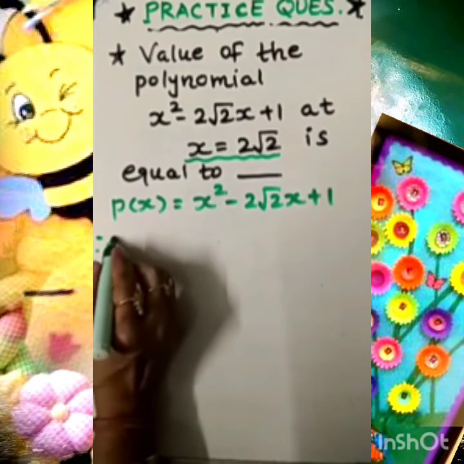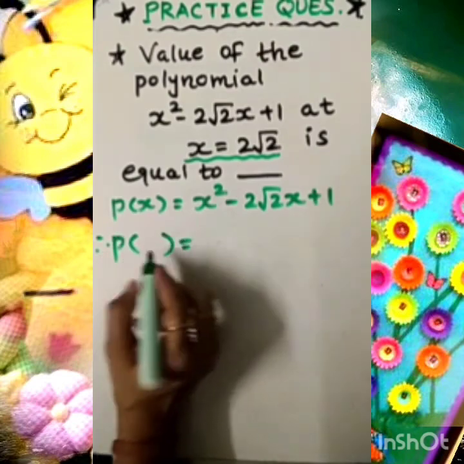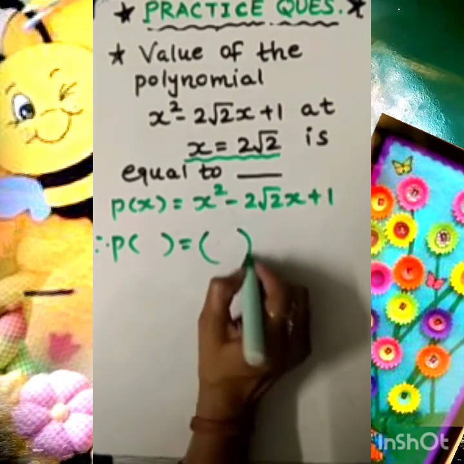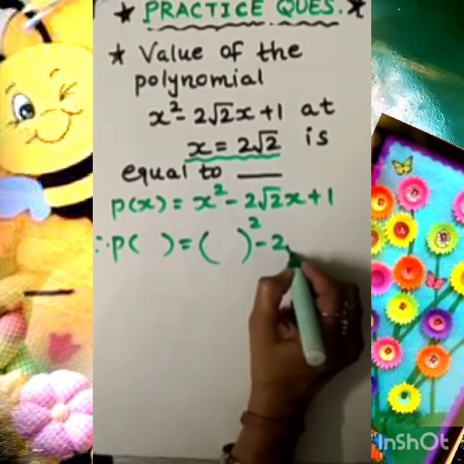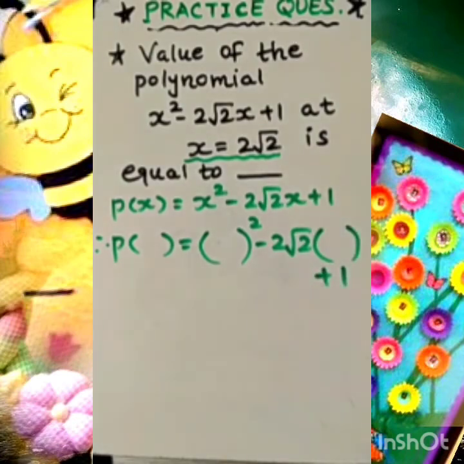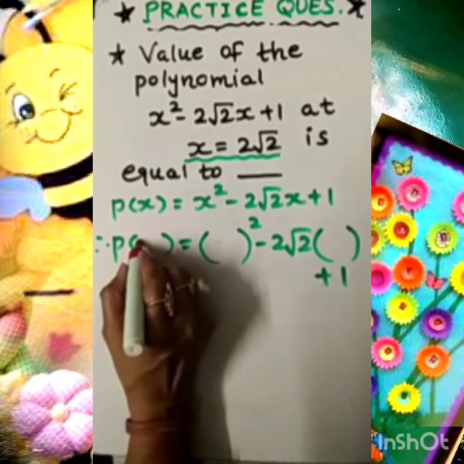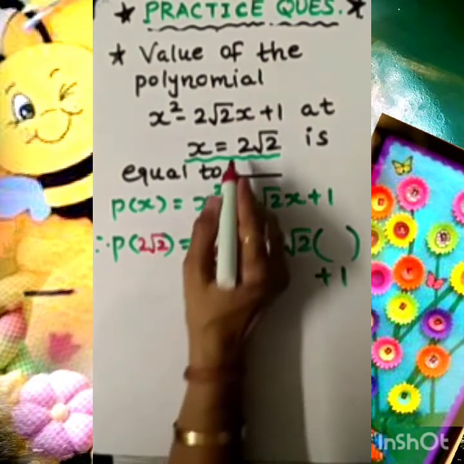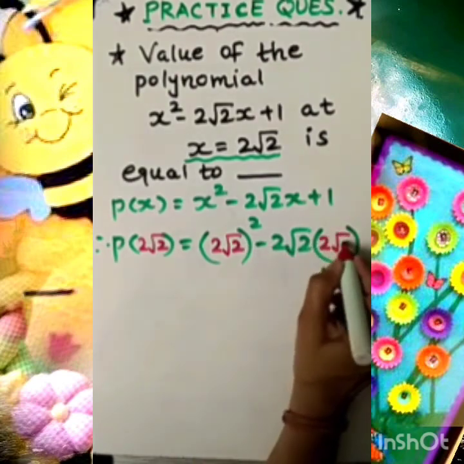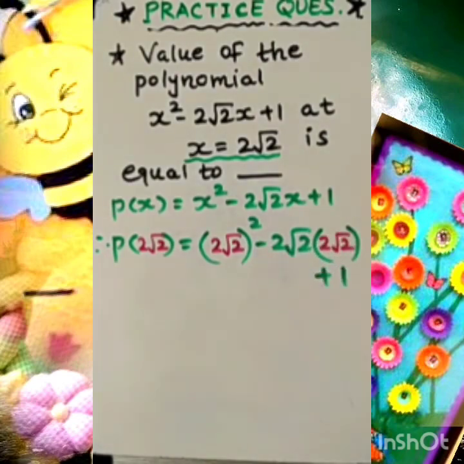Now in this polynomial, in place of x, we will write 2 root 2. Before that, let me write what we are given, and please keep the space empty for putting the value of x. Here the value of x is 2 root 2, as it is given here. Clear to you?